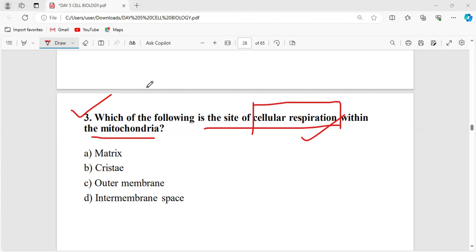In that, we know glycolysis will be happening where? Glycolysis will take place in the cytoplasm of the cell. And where will the Krebs cycle be happening?